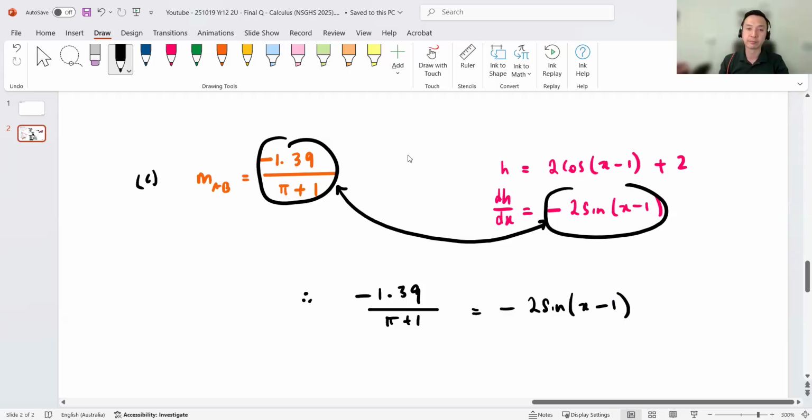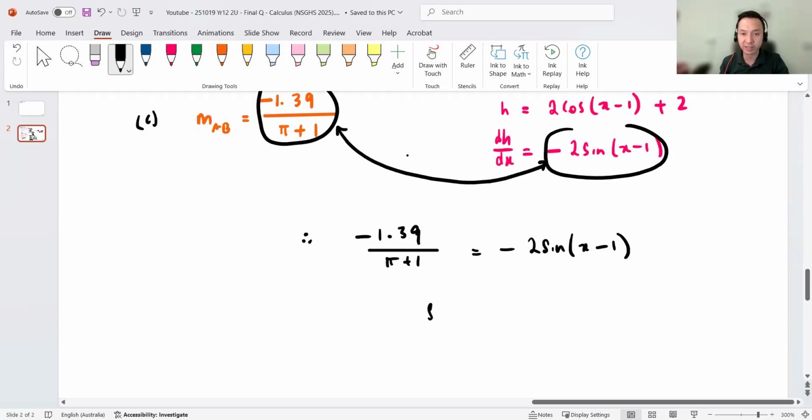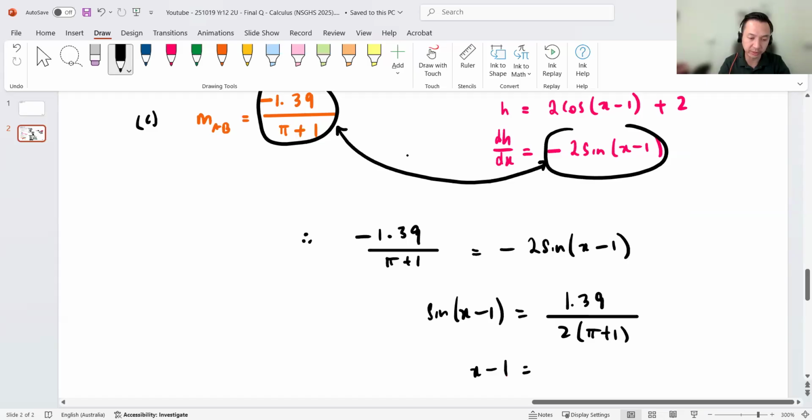So negatives cancel out. So sine(x minus 1) equals, divide that by 2, 1.39 over 2 times (pi plus 1). If you inverse sine that, let me put the mode in radians.